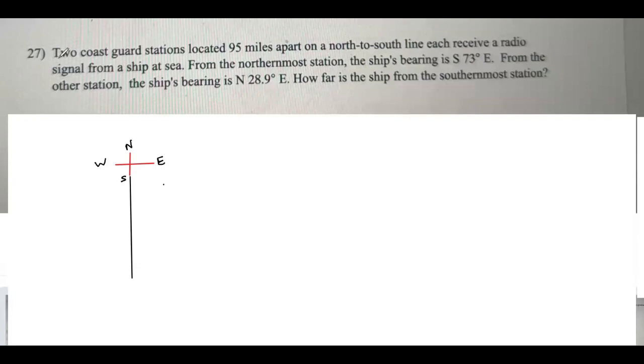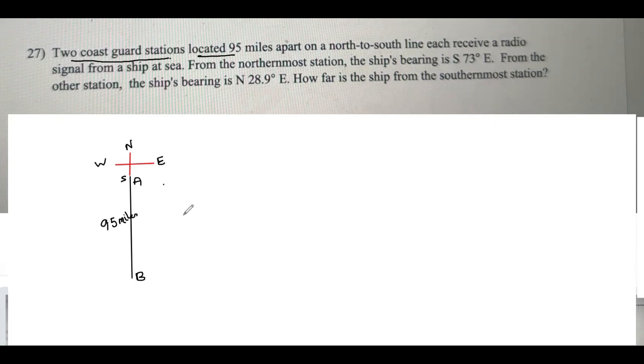Here, one more question. Two Coast Guard stations are located 95 miles apart on a north to south line. Let us consider the two stations as A and B, on the north to south line, and the distance between the two stations is 95 miles.